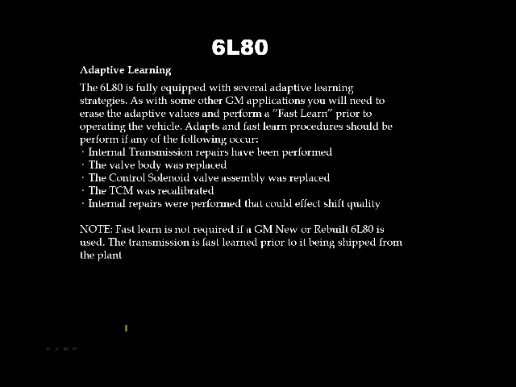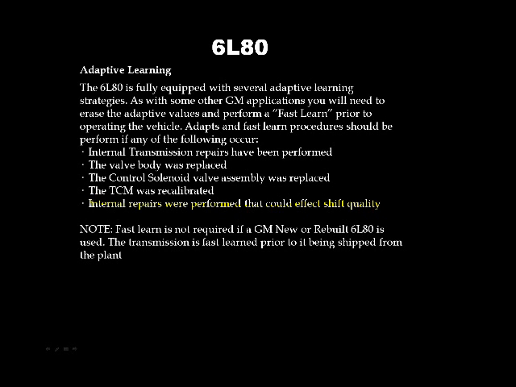The 6L80 is equipped with full adaptive capabilities. Just like other clutch-to-clutch shift transmissions, you have to relearn the adapts anytime any of these 5 things have been done on the transmission itself.